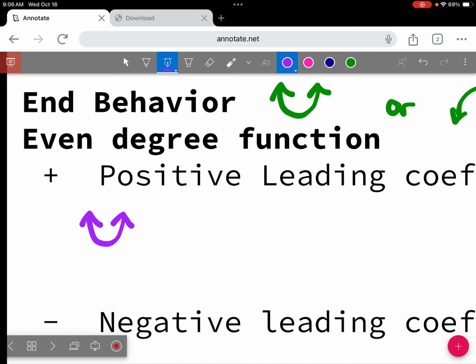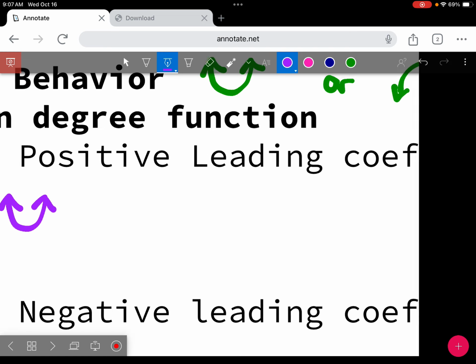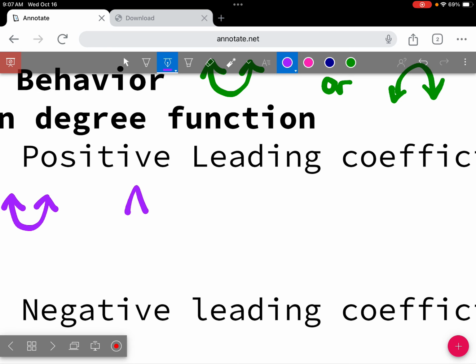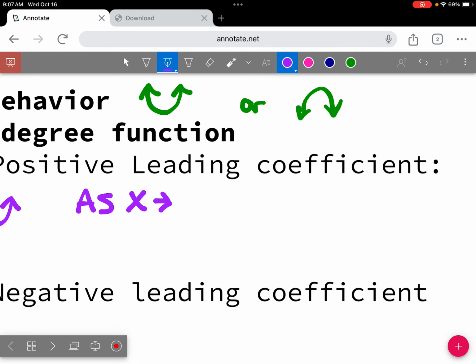When we're writing down our end behavior, we say as x approaches negative infinity, so as my x's get smaller and smaller and smaller, my function f of x, or g of x, or y, or whatever we have, approaches, it's going to go up, so it's going to approach positive infinity.